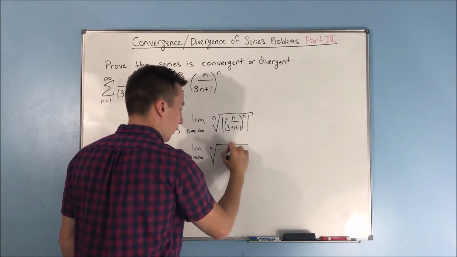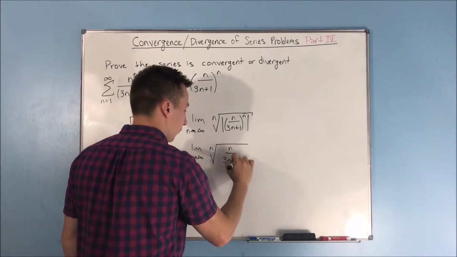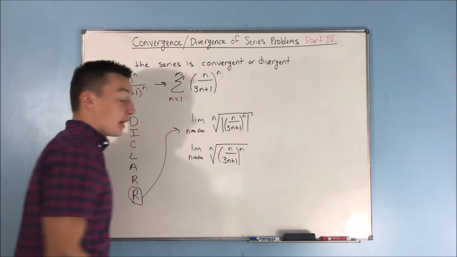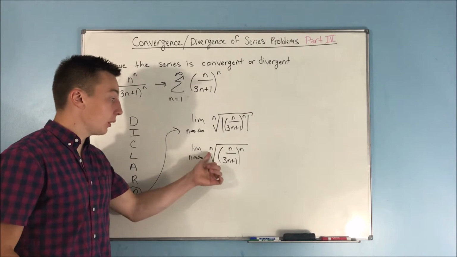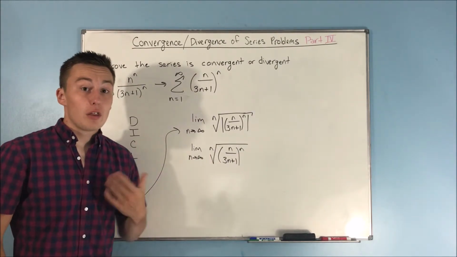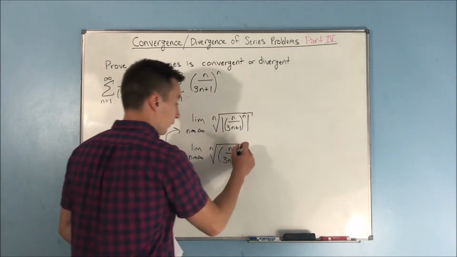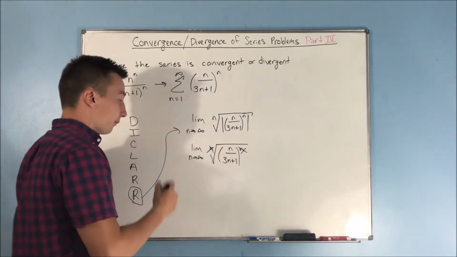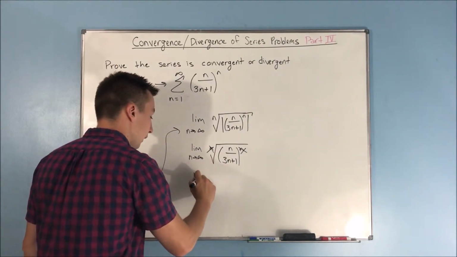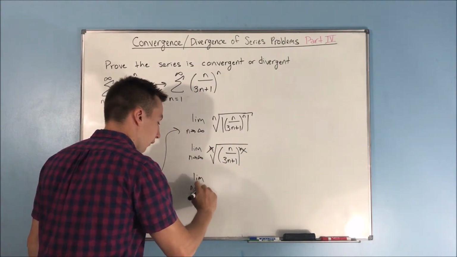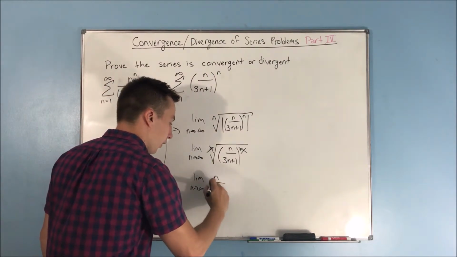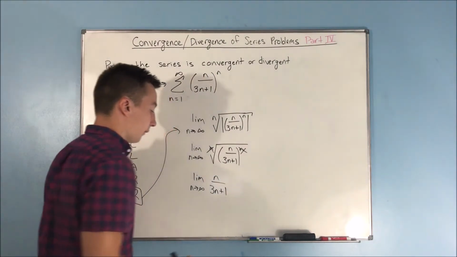You can see that we're taking the nth root and we have an nth power. Those are going to cancel out. So we are just left with the limit as n approaches infinity of n over 3n plus 1.